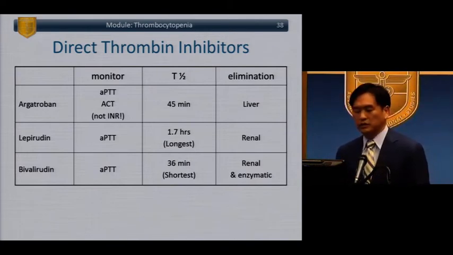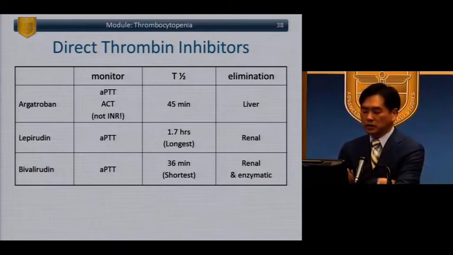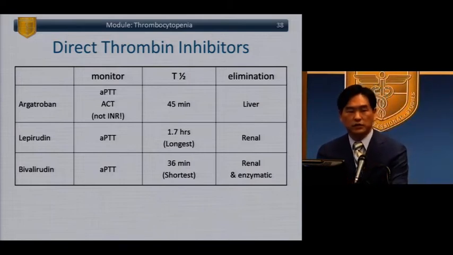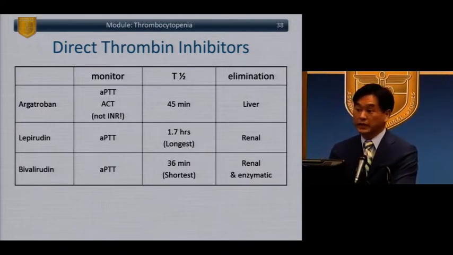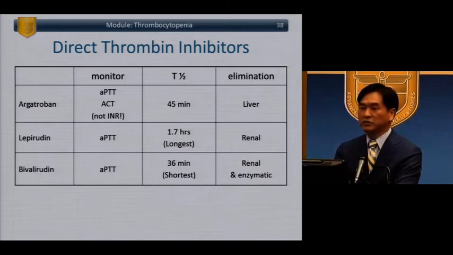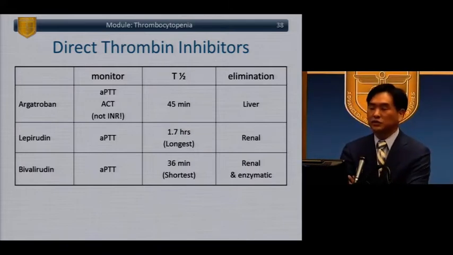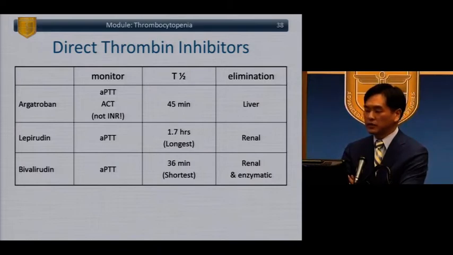Okay. The other thing to note is that with argatroban, you get a false elevation in your PT and INR, consequently. So your INR can read 6, 7, but your coagulation state may actually be normal. And so one question is, well, how do you transition to warfarin if you're on argatroban?